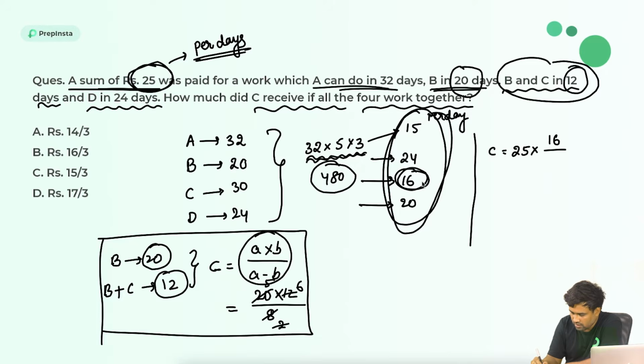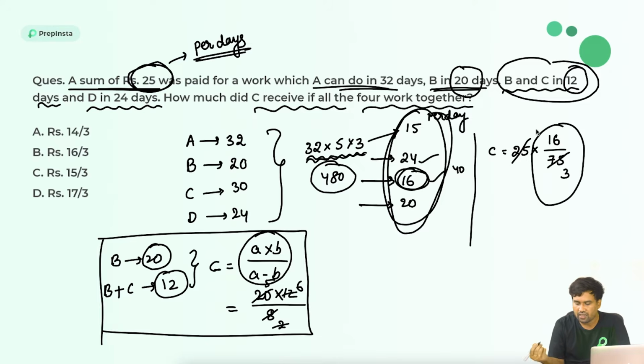So 16 plus 24, answer is 40, 60, 75. So the share C will get is 25 into 16 by 75. 25 will cancel this 3 times. 3 cannot cancel 16. And if you observe all the options having by 3s, so you don't have to simplify it. The answer is 16 by 3 rupees, which C will get for this work.